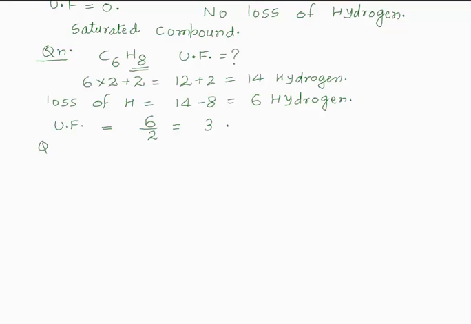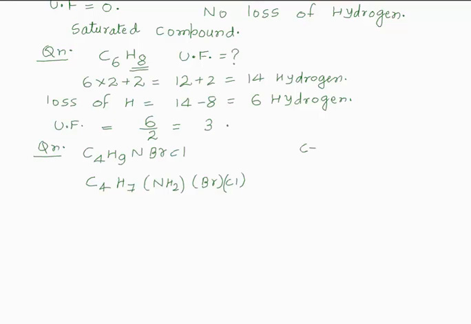Now next problem, let us find the unsaturation factor for C4H9NBrCl, and this is a difficult problem. Let us write this compound as C4H7, and 2 hydrogen we can club with nitrogen, and we have bromine and we have chlorine.